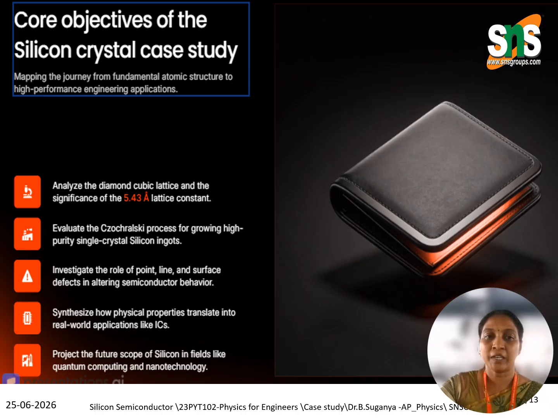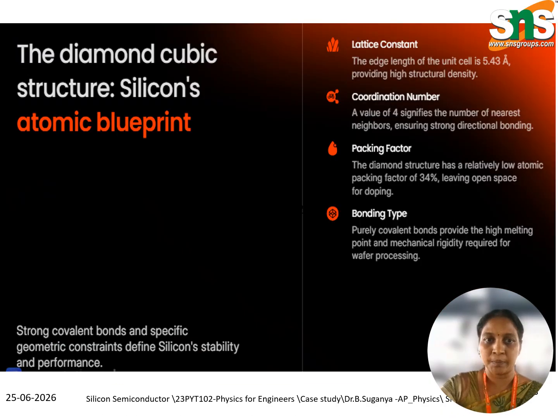ICs are integrated circuits, where semiconducting materials are used. So that we are going to discuss now, and project the future scope of silicon in fields like quantum computing and nanotechnology.